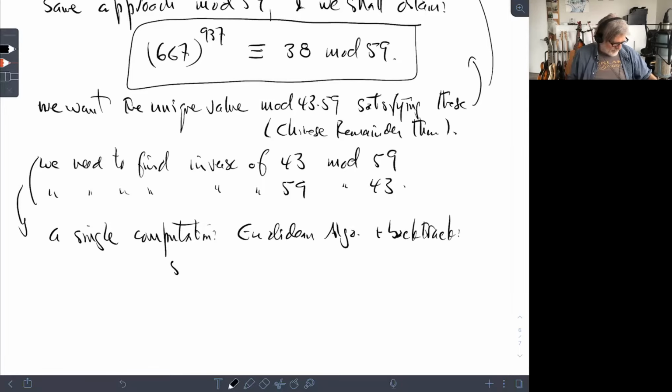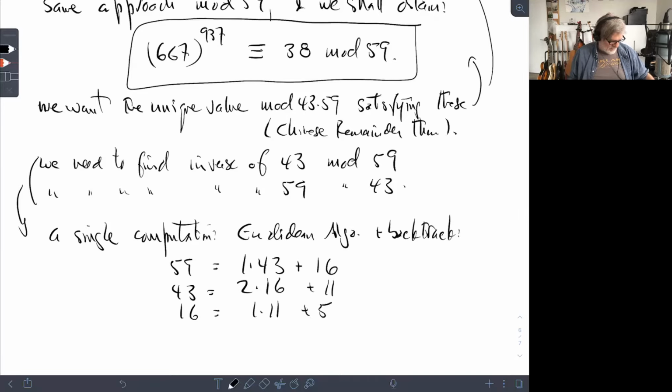So you'll find 59 is 1 times 43 plus 16, I guess. And then 43 is 2 times 16 plus 11. And 16 is 1 times 11 plus 5. 11 is 2 times 5 plus 1.